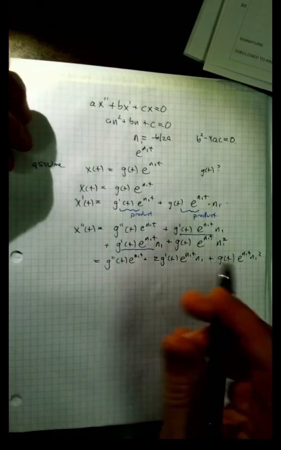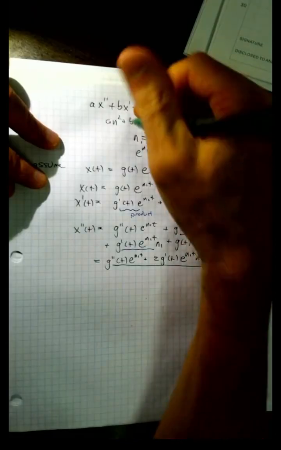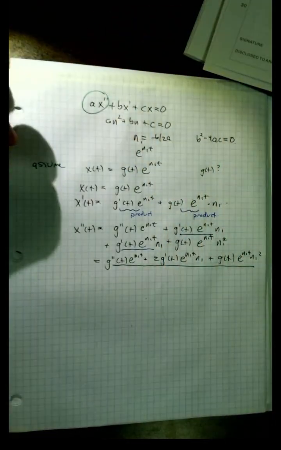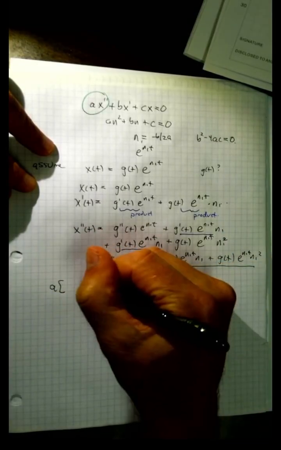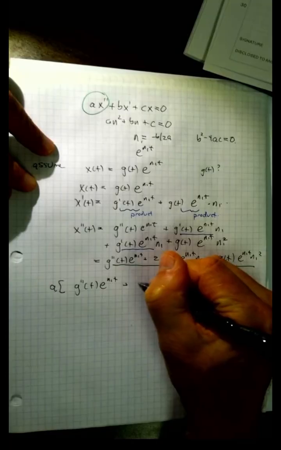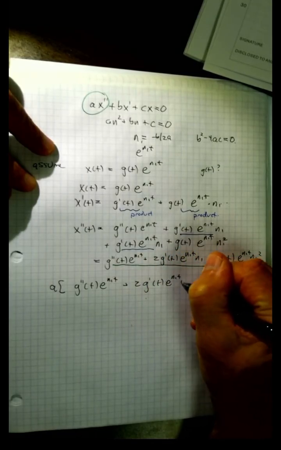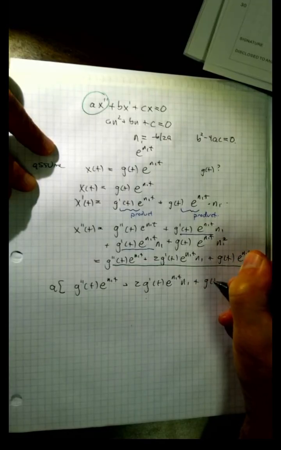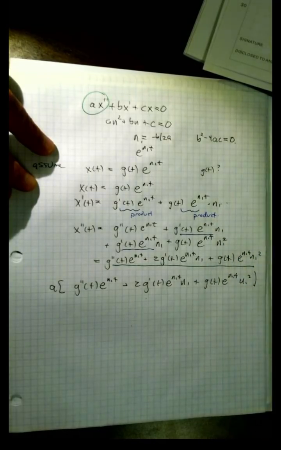All right, so now I'm going to plug this into that term. That's going to give me a times g double prime e to the n1t plus 2g prime e to the n1t n1 plus g of t e to the n1t n1 squared.